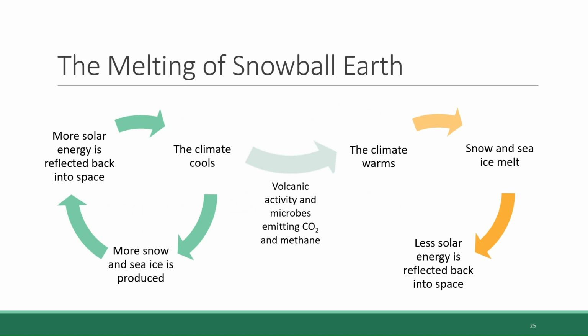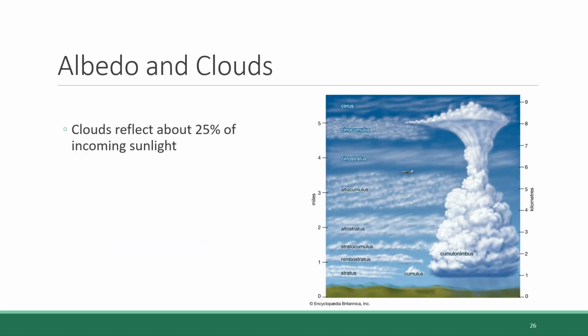On the topic of albedo, there's just one more small detail we need to mention. We've been talking about the albedo of solid surfaces on the Earth, but clouds also play a role in the Earth's albedo. Clouds have a relatively high albedo that rivals the reflectivity of sea ice.